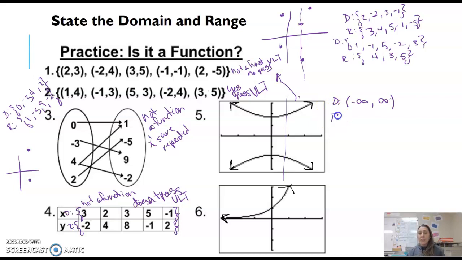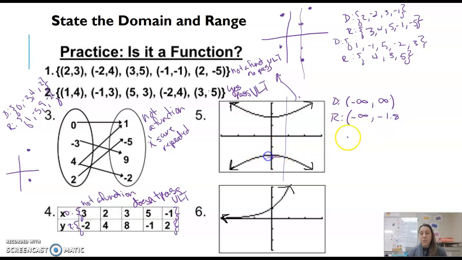And then the range is a little bit different. For the range, we'll do the negative side first, and then we'll look at the positive. We're going to say that this is 1, and this is just crossing close. We'll say 1.8. I don't know, we could say 2 if we wanted to. So the range goes from -infinity, because it's going down forever and can't reach that, and then all the way up to -1.8.